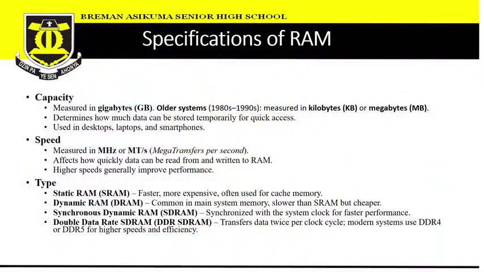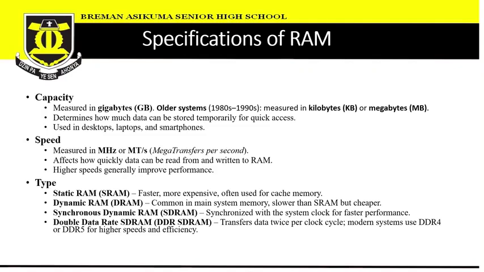Now let's look at some specifications of RAMs. Now, RAM capacity. RAMs are measured in gigabytes, and with older systems, RAMs are measured in kilobytes or even megabytes, which determines how much data can be stored temporarily for quick access. Now, RAM can be used in desktops, laptops, and even smartphones.